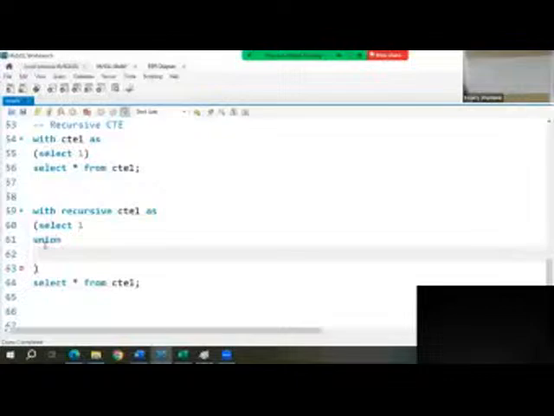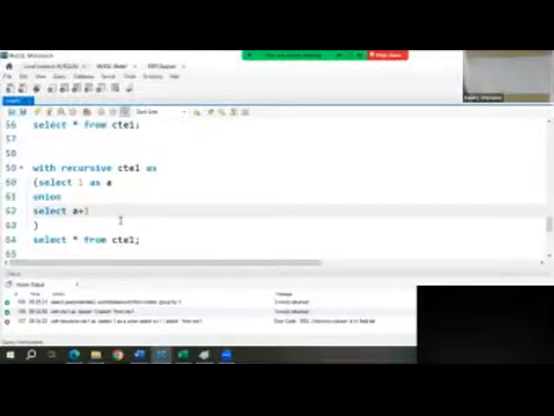Look at the differences: I'm adding the word recursive, then saying union select. Let's call this column A, and I'll put A plus 1 here. Let's run this and see what happens. Unknown column A. Okay.